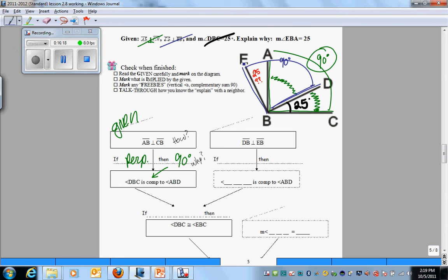Then we had the second given, DB and EB are perpendicular. How do we know it's given? So now I know that EAB is also complementary to ABD.